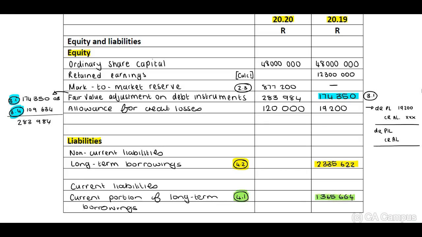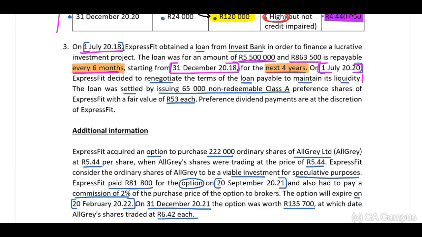Okay, now when we look at the scenario, the indicator asks, the loan was settled by issuing 65,000 non-redeemable Class A preference shares of ExpressFit with a fair value of 53 Rand each. Preference dividend payments are at the discretion of ExpressFit.